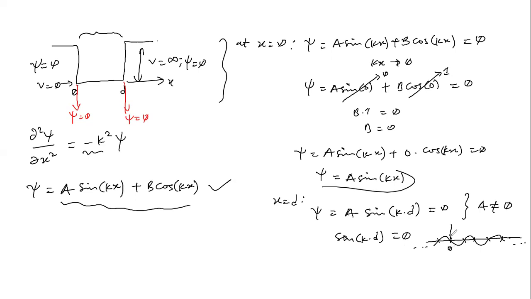Let's assume this is 0, then at pi intervals we have another 0: sin pi, sin 2 pi, sin 3 pi, sin 4 pi are all 0, and likewise minus pi, minus 2 pi all the way.